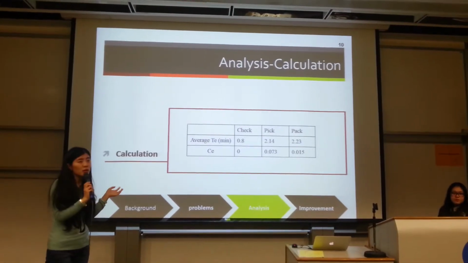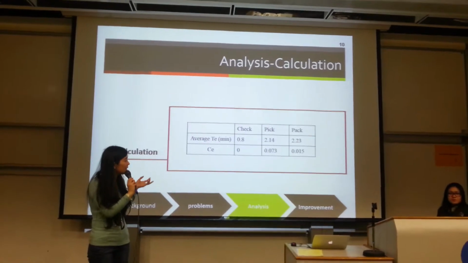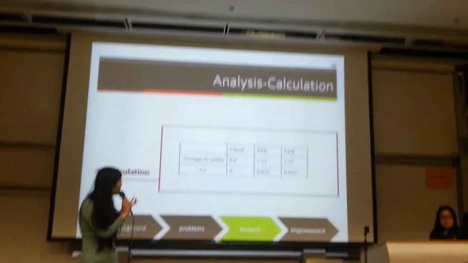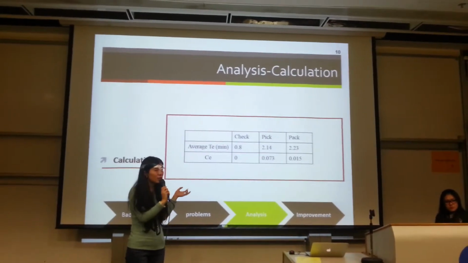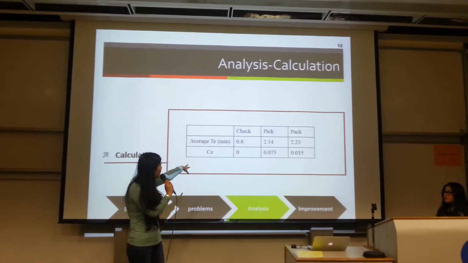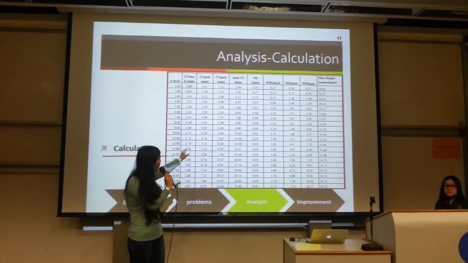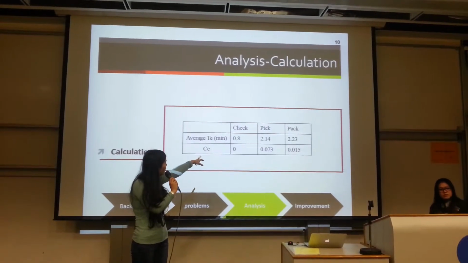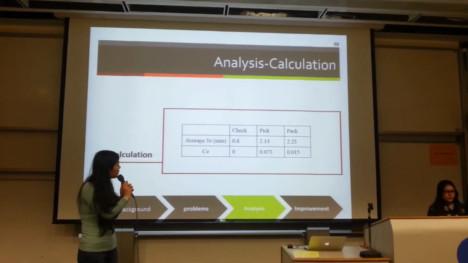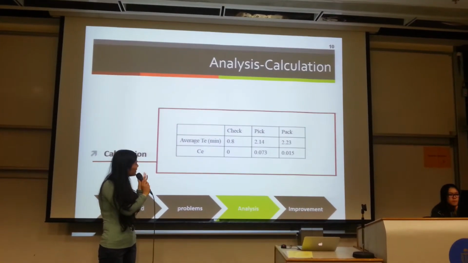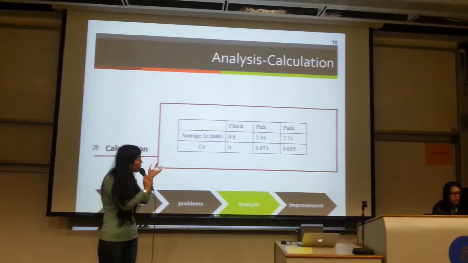Each product has a different effective processing time in each station. We can see in this table that the large size product may take 2.5 minutes in the pick process, but the middle size product only needs 1.9 minutes to be picked. So we sampled a normal flow of orders and studied it. We found the average effective processing time of each station. The average effective processing time of check is 0.8 minutes, and that of the pick process is 2.14, and so on.